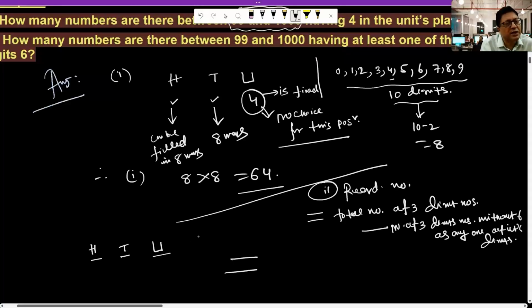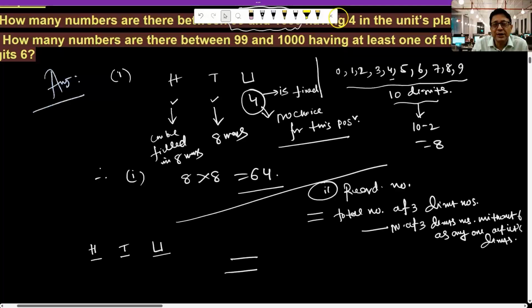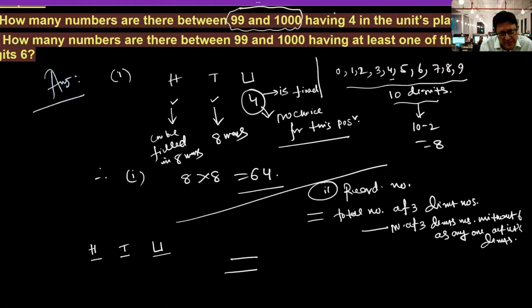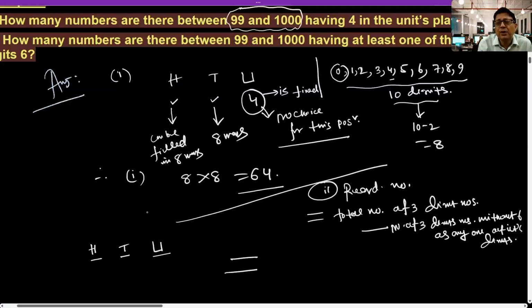First we will see the 100 place, because 0 cannot be there. If 0 is there, then it will not be a 3-digit number. So we first consider the digit for this 100 place. This is not 0. This is any one of the remaining 9 non-zero digits. So this place can be filled in 9 ways.